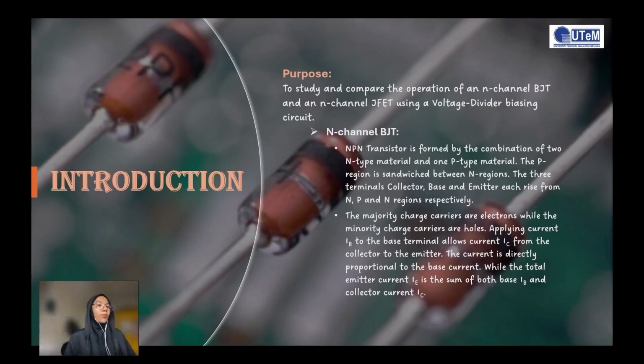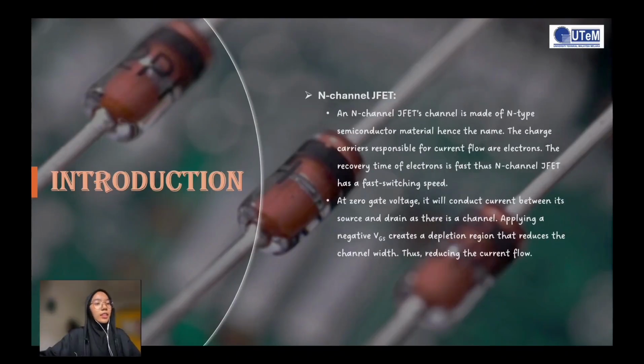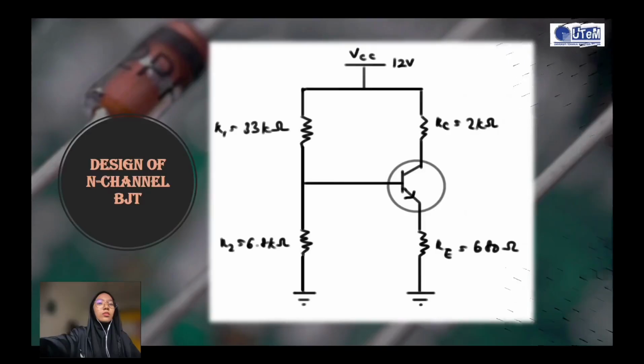So, let's make it simple. First, the N-channel BJT is formed by the combination of two N-type materials and one P-type material that consists of 3 terminals, which are collector, base, and emitter. Next, N-channel JFET is made of N-type semiconductor material that also consists of 3 terminals, which are drain, gate, and source.